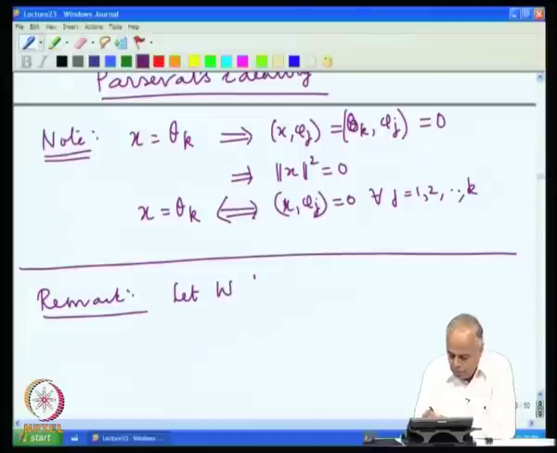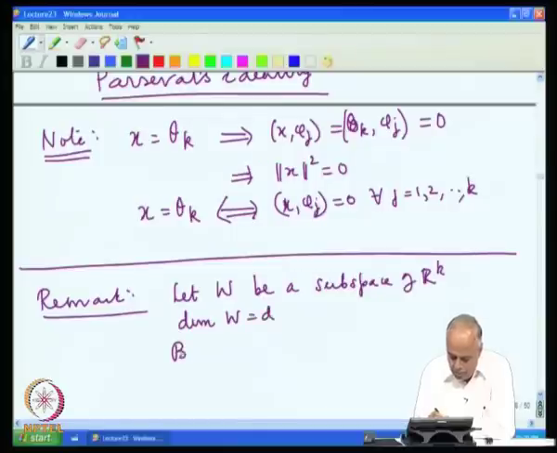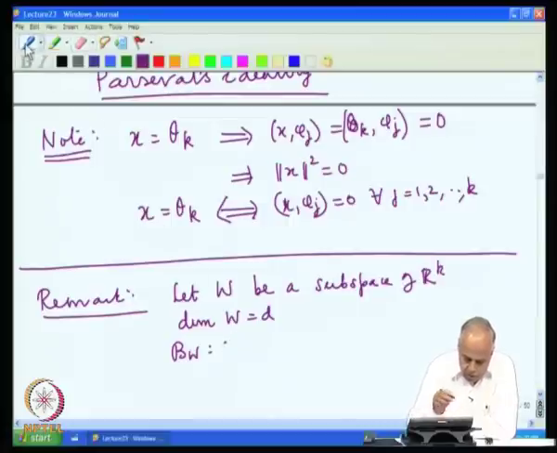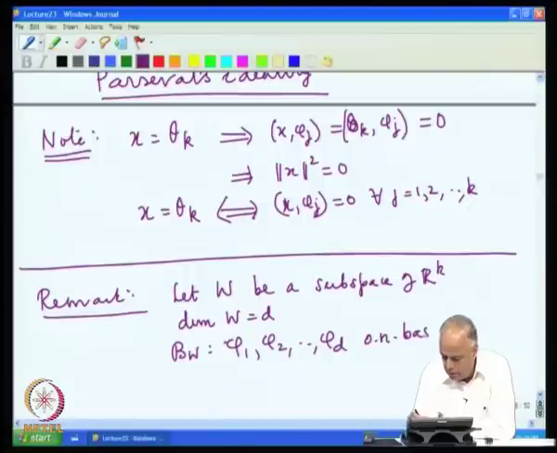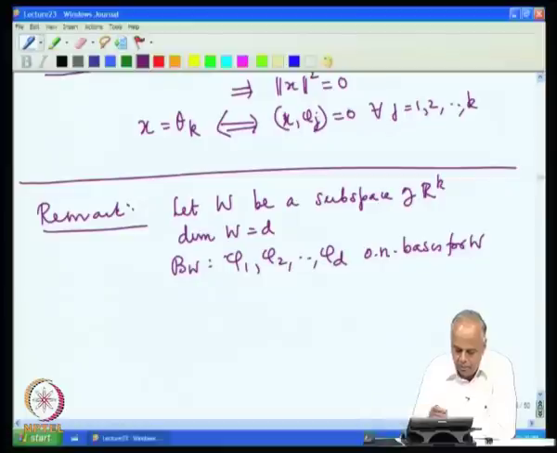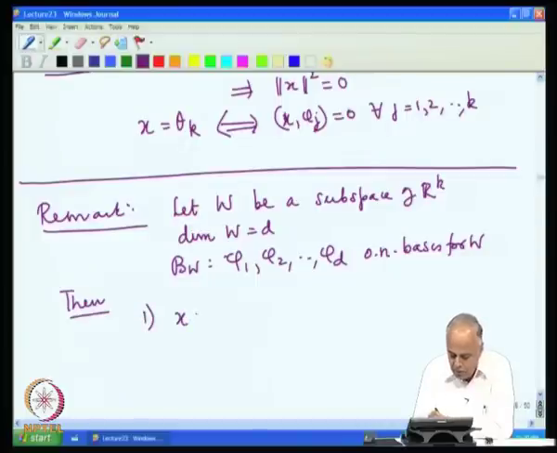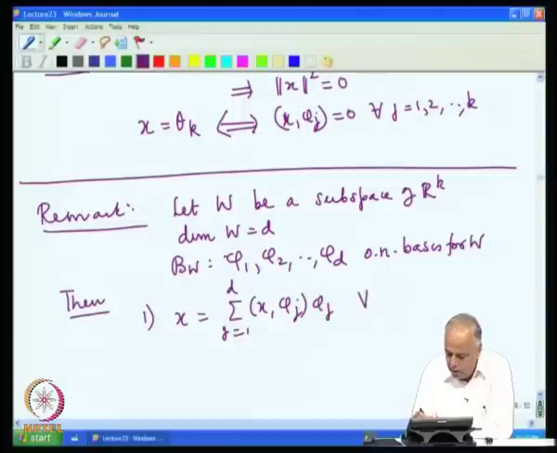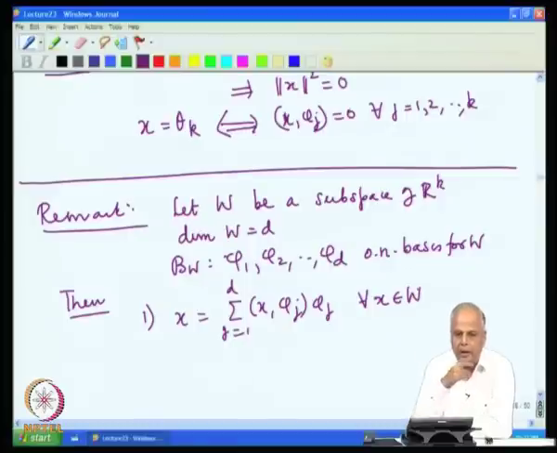So, let W be a subspace of R k, with dimension of W equal to d, and let me call it again with the same phi notation, phi 1, phi 2, up to phi d, an orthonormal basis for W. Then we can restrict our Fourier expansion within W. x is equal to the summation j equal to 1 to d of the inner product of x and phi j times phi j, for every x in W. So, every vector x in W can be expanded in the Fourier expansion.